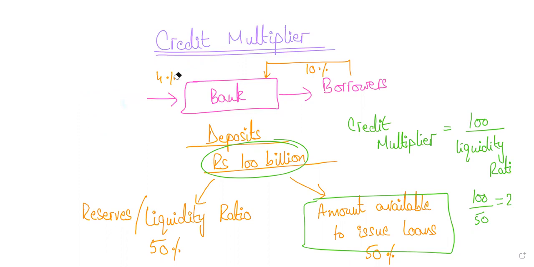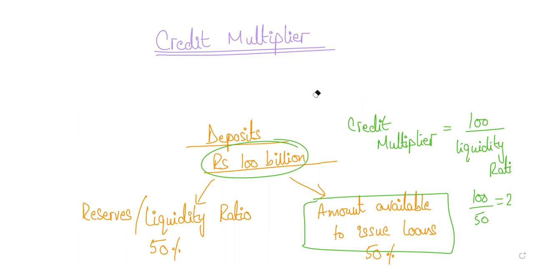And then we looked at another thing, that lower the liquidity ratio, more the amount of loans that banks can issue, right? We did look at this. So if you repeat the same example with a lower liquidity ratio, like instead of 50%, if you use, let's say, 20% or 25%, you will see that the amount of loans that are eventually issued will be greater.